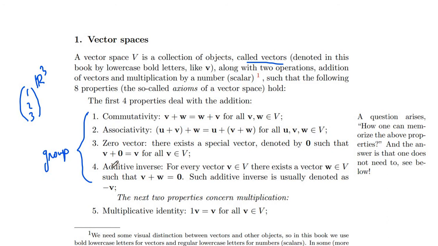Again, these are also a set of axioms, but you can group them into parts, and the first grouping is a group. What I'm saying is that these 4 axioms, in particular because of this commutativity thing, make it a commutative group, or an abelian group.